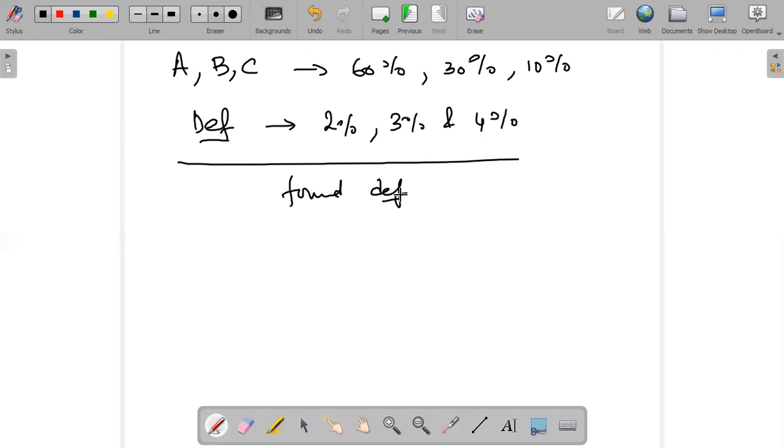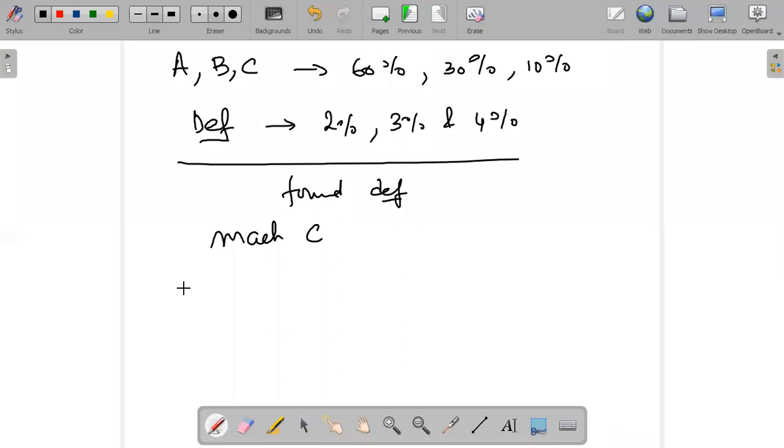Now you have to find the probability that the item was produced by machine C. So let us see how to solve this.